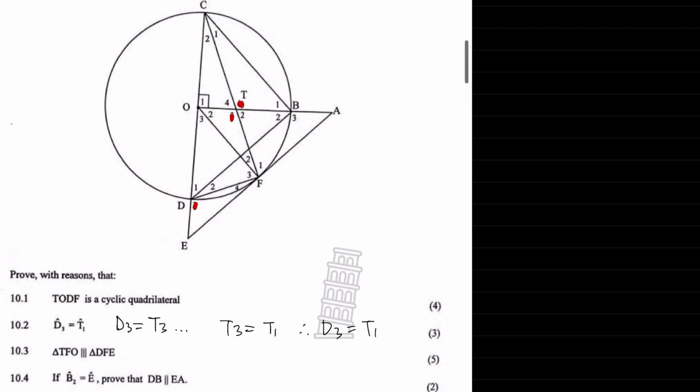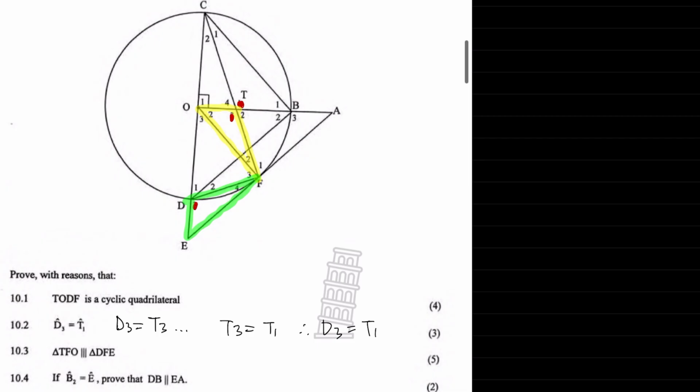Okay, next question. Prove that triangle TFO is similar to triangle DFE. Let's highlight them. So TFO is this right here, and then DFE is this one.